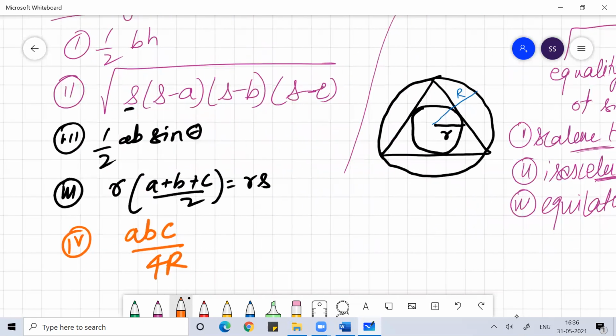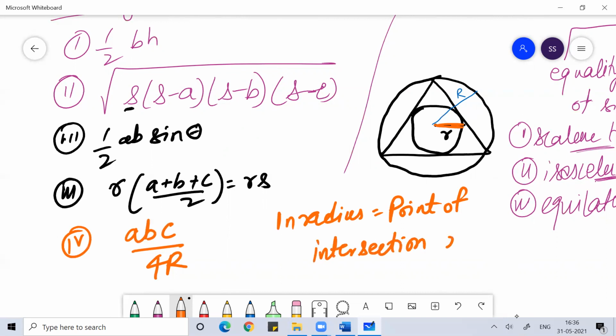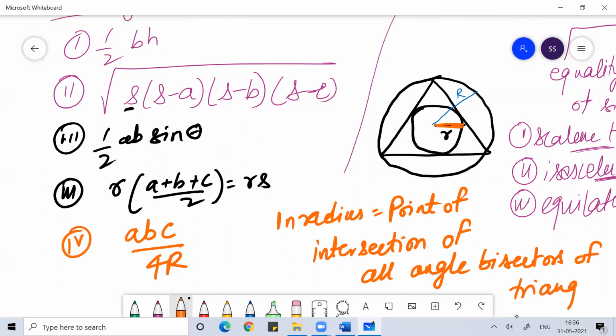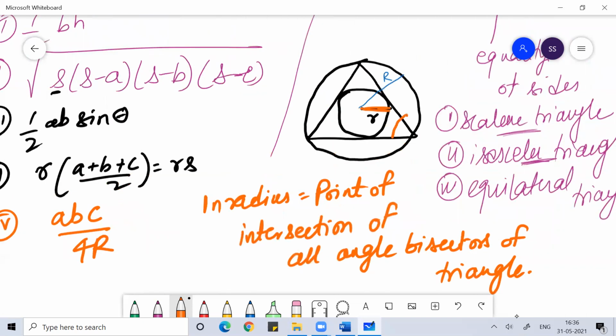So how do you get the inradius? The incenter is the point of intersection of all the angle bisectors. If you take a triangle and draw all its angle bisectors, I hope you understand what an angle bisector is. You take angle B and draw a line which bisects this angle.